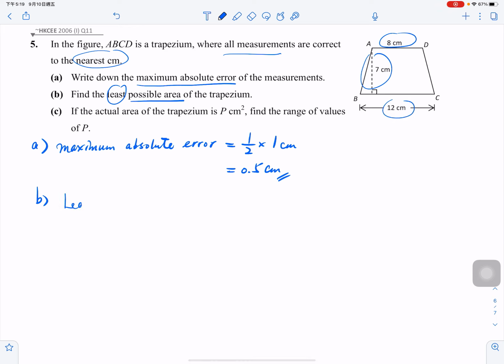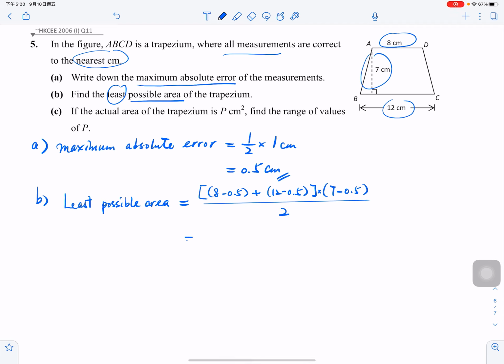So for the least possible area, that means you try to find out the lower limit of each length. 你要揾最細嘅可能嘅面積，咁即係話呢三個，當你度完之後，實質其實佢個 lower limit 係咩呢？咁顧名思義呢個8，咁即係話7.5啦。呢度有少0.5就係6.5啦。最後呢個顧名思義就係11.5啦。So times all together, upper length 8 minus 0.5 plus lower length 12 minus 0.5, and then times the height 7 minus 0.5 altogether divided by 2.